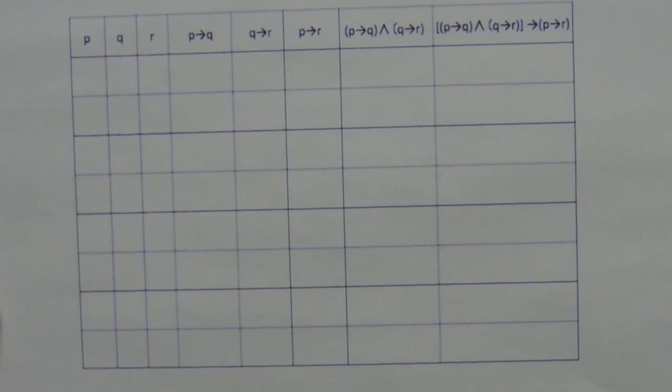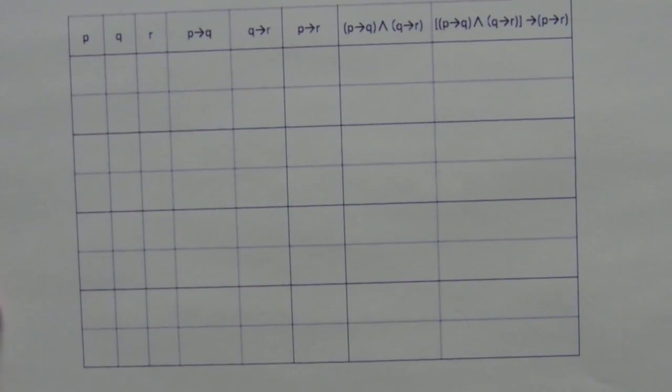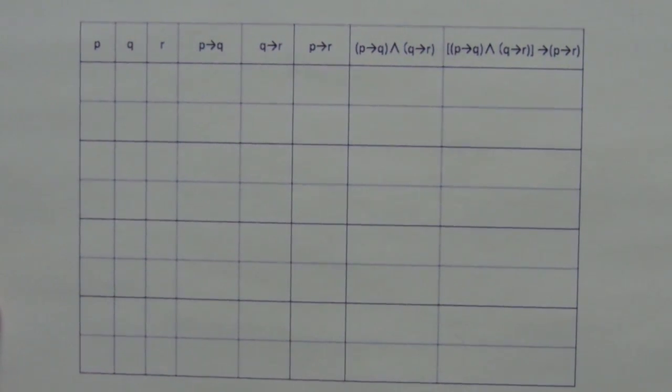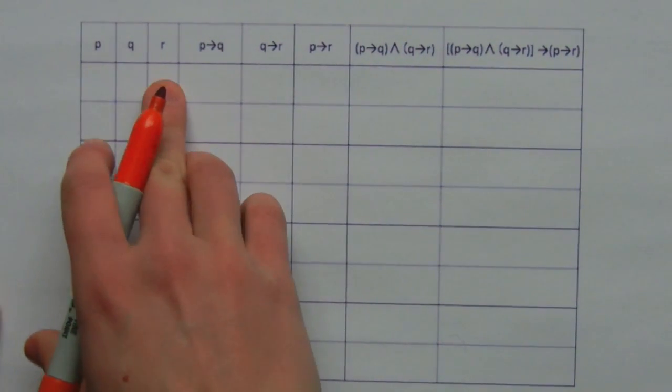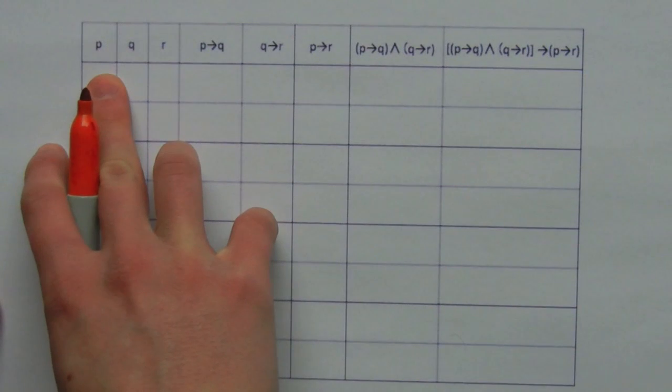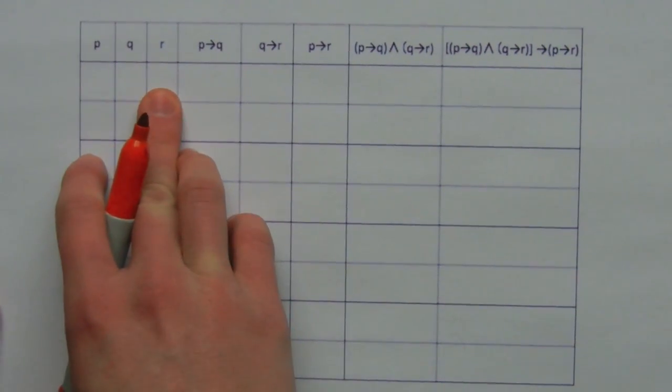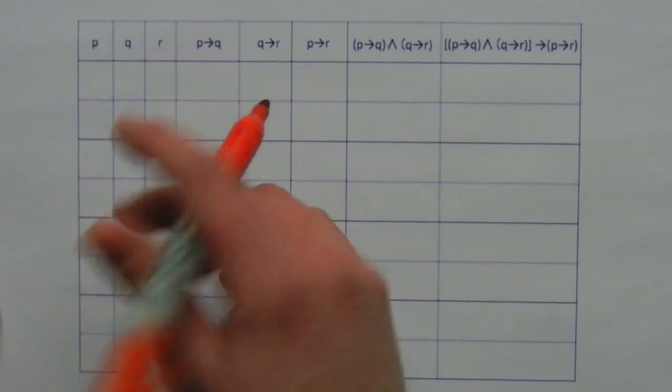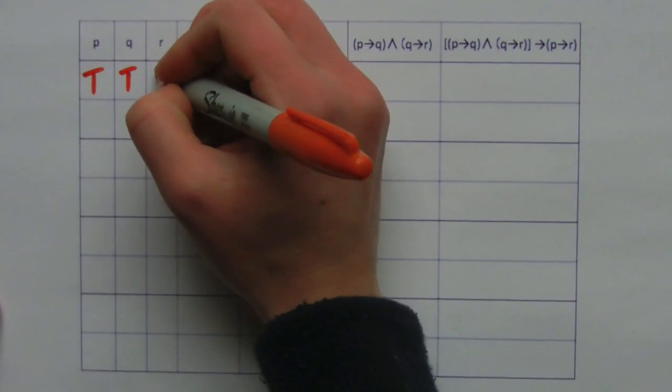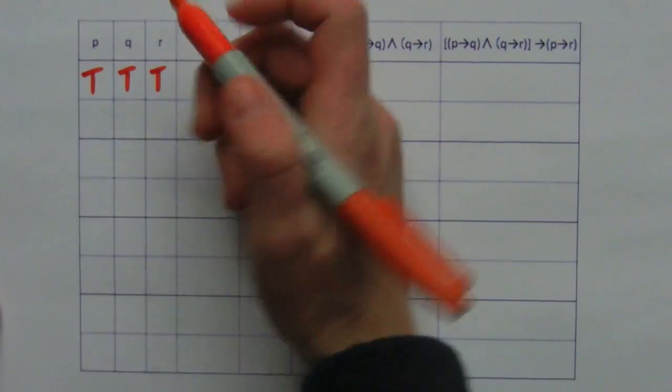So let's go ahead and look at the truth table to this law. This is the truth table that I have set up for the law of syllogism. Now we have 3 different statements as opposed to 2. We have P, Q, and R. So I'm going to go ahead and list the options for that. All 3 can be true.